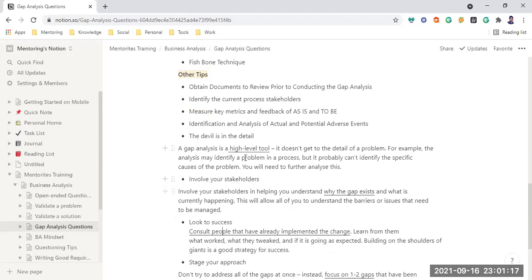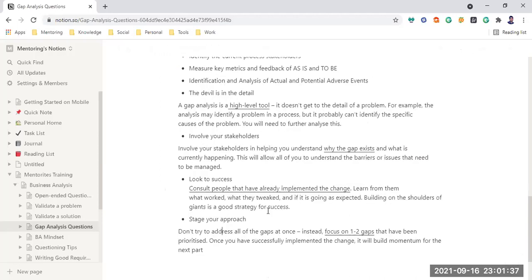That's something to remember. It's not a detailed requirement analysis. It's only a high level tool. Then involve your stakeholders so that they can help you understand why the gaps exist and what is currently happening. That's more important. When you're implementing a new solution, always look for people who have already implemented the change.